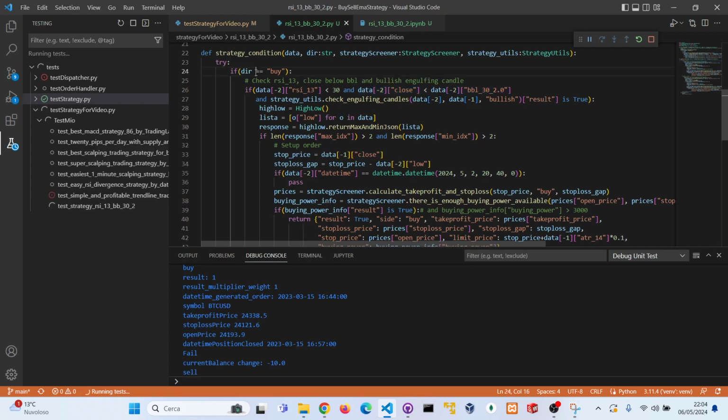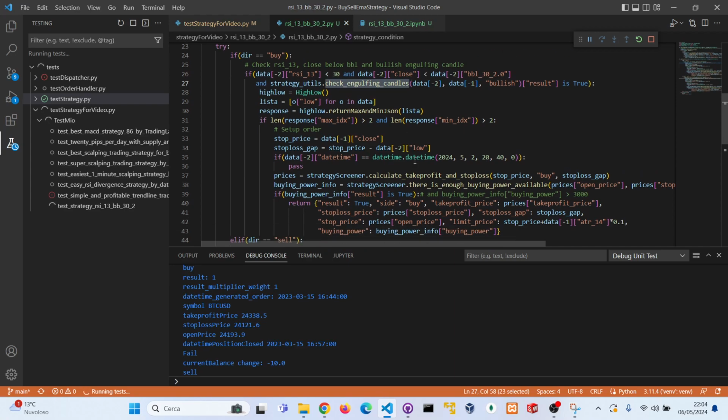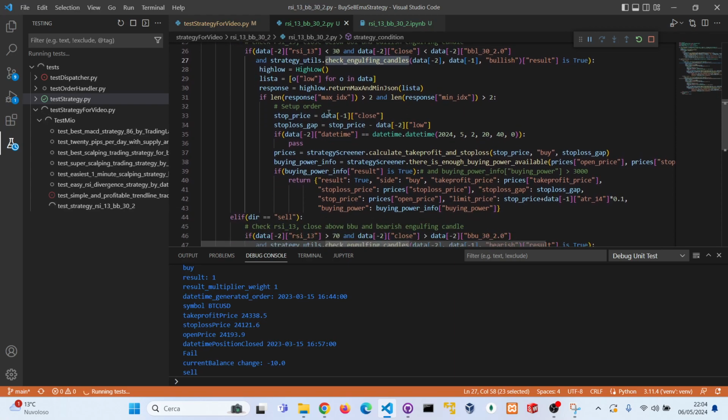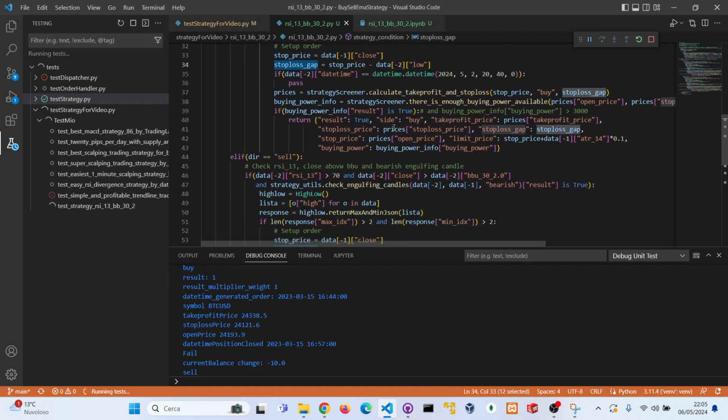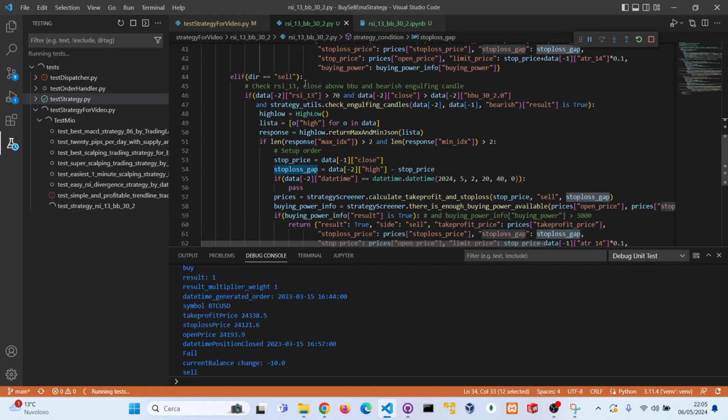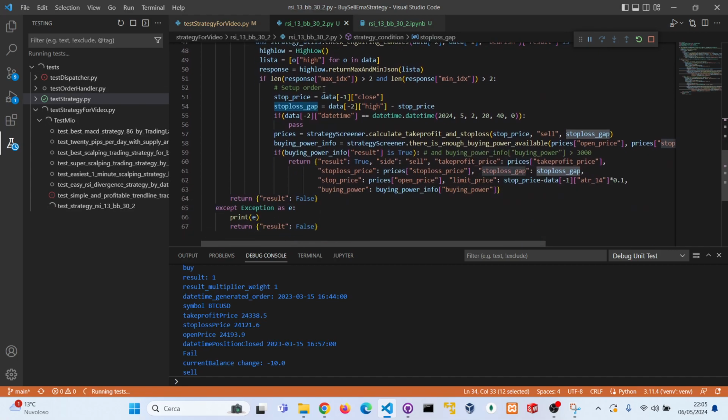Here we are in the buy, and I'm checking for an engulfing candle. Then I set the order, so the stop price to open is the last close, and here the stop loss gap. The conditions for the sell are the opposite.